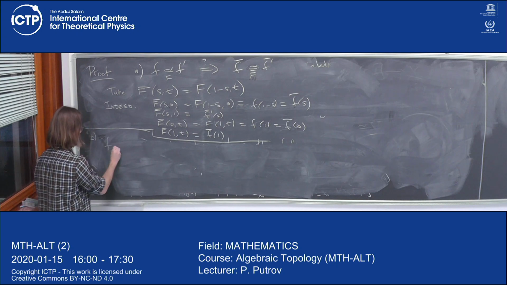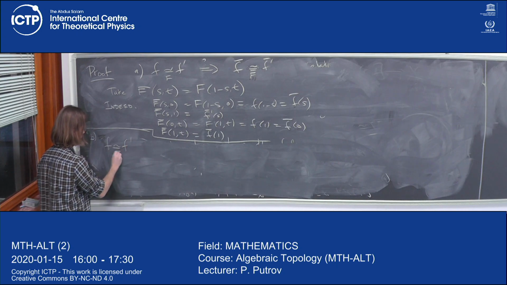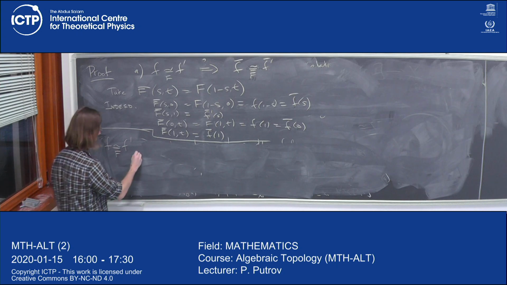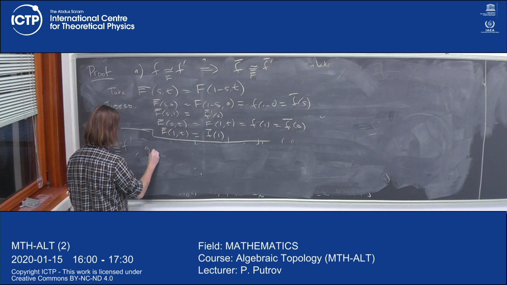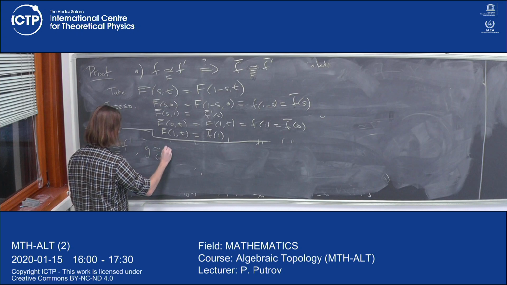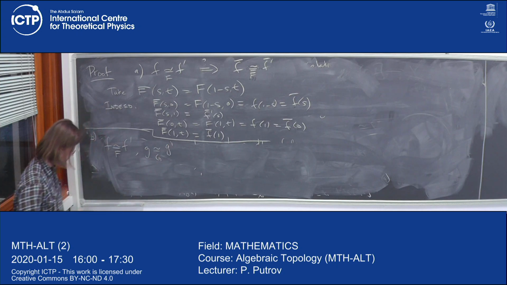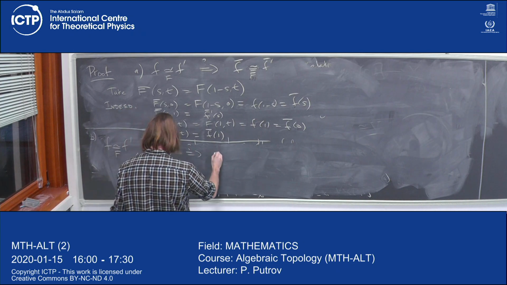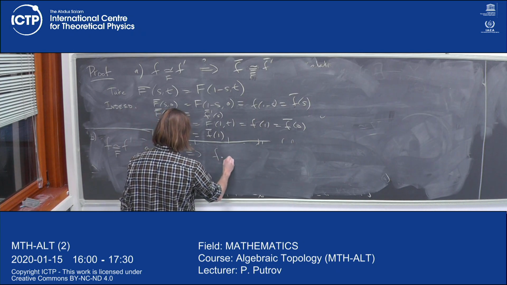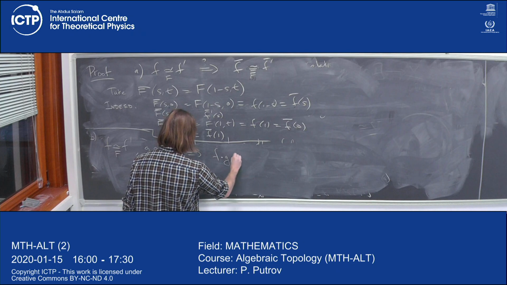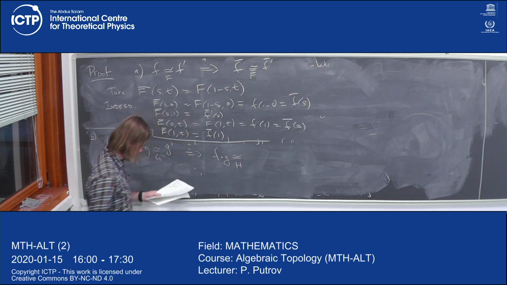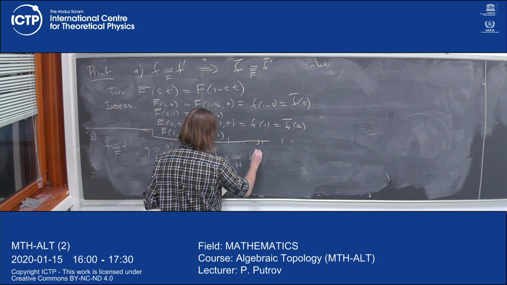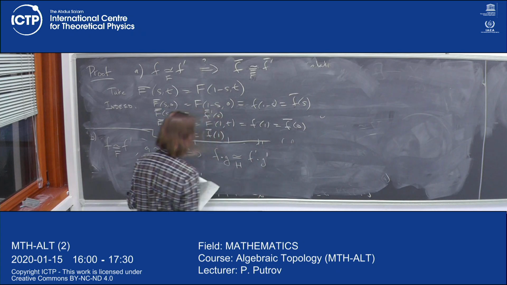The second property was the composition. Again, suppose there exists some homotopy f between f and f prime, and there exists some homotopy g between g and g prime. Then we want to show that there exists some homotopy, let's say H, between their compositions.